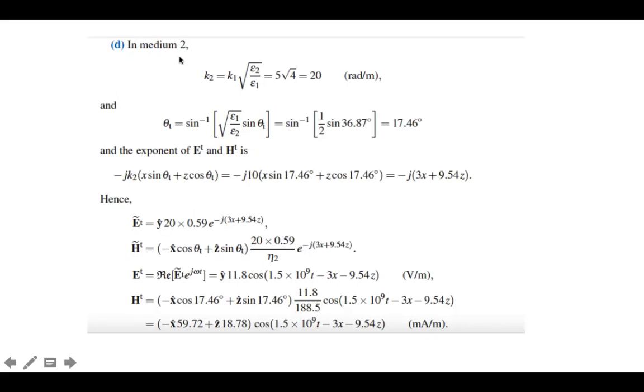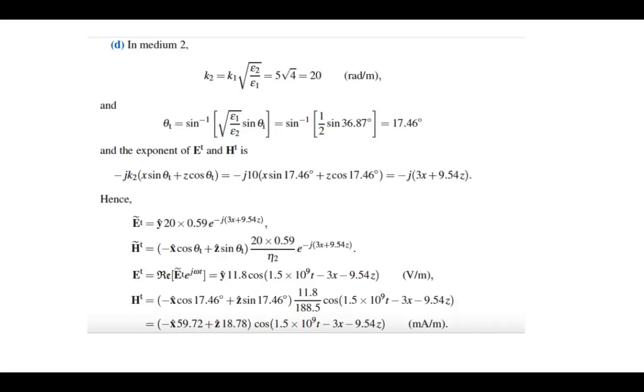All right, in medium 2, the first thing we need to calculate is K2 or beta 2, as we saw in the previous example for medium 2. We can do that by using a ratio, or you can go all the way back and recalculate the phase velocity in medium 2 and then use K2 as omega over the phase velocity. So either way will work.